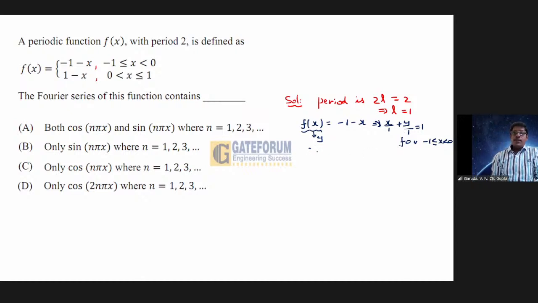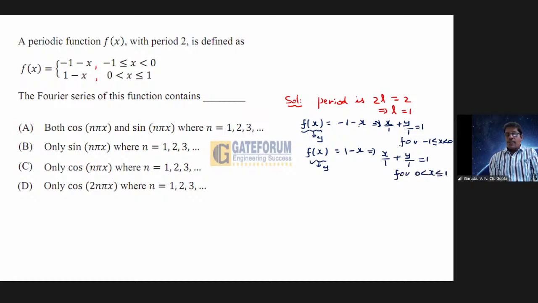Similarly, what is the other one? f of x is equal to 1 minus x. Again, by showing this function by a graphical method, usually f of x is denoted by the y variable. Then only we will get a relation between x and y, and that relation may be a straight line, circle, etc. So this can be written as x by 1 plus y by 1 is equal to 1 for 0 less than x less than or equal to 1.